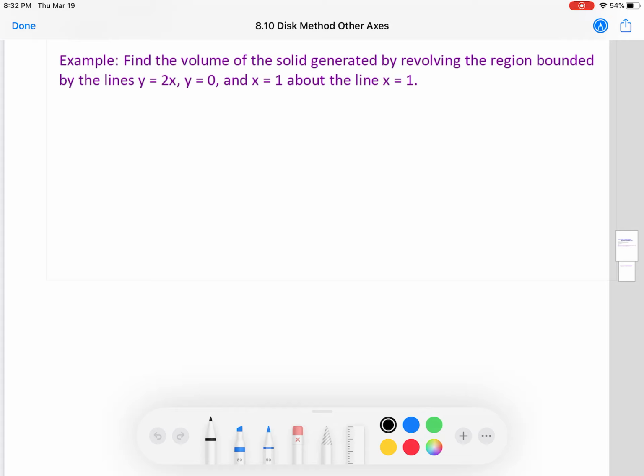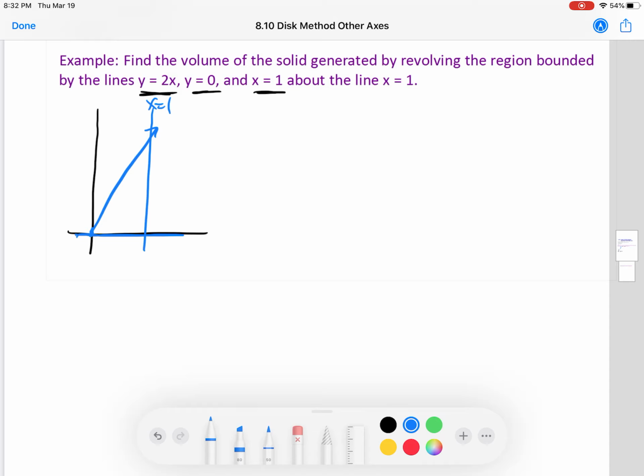We are going to have the lines y equals 2x, y equals 0, and x equals 1. All very simple lines to draw a sketch of. Y equals 0 is, of course, the x-axis. And let's make this one x equals 1, sorry.